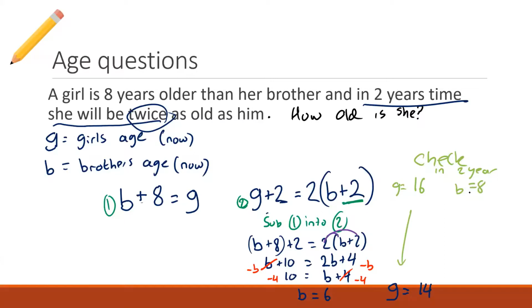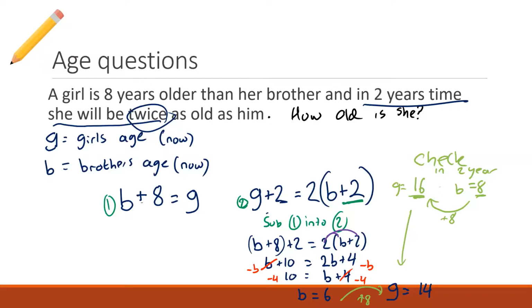And then her age will be double his. Also notice though, that even though they've gone 2 years older, there's still an 8 year gap. And just like here, there is an 8-year gap. That's important. That's another thing we can do to check, is to make sure that gap stays the same.